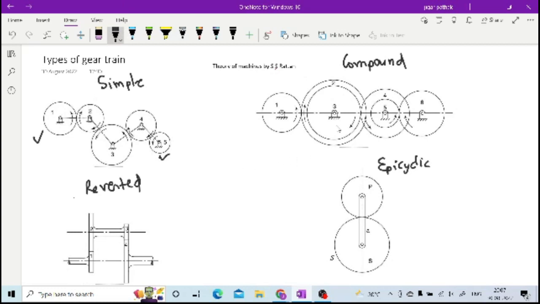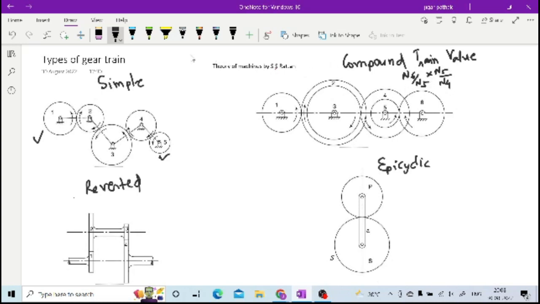Now if you go for the compound gear train, then again you can find the train value as we have calculated for the simple one. Here it will start with N6 by N5, right, and then N5 by N4, right.